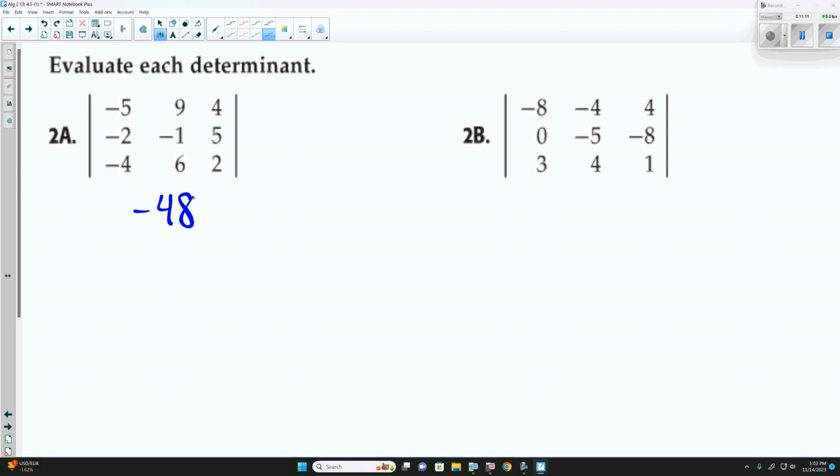Second matrix, over 1, DET, because we need to tell it which. What did I do wrong? So which one did you do? Second matrix, 3 by 3.